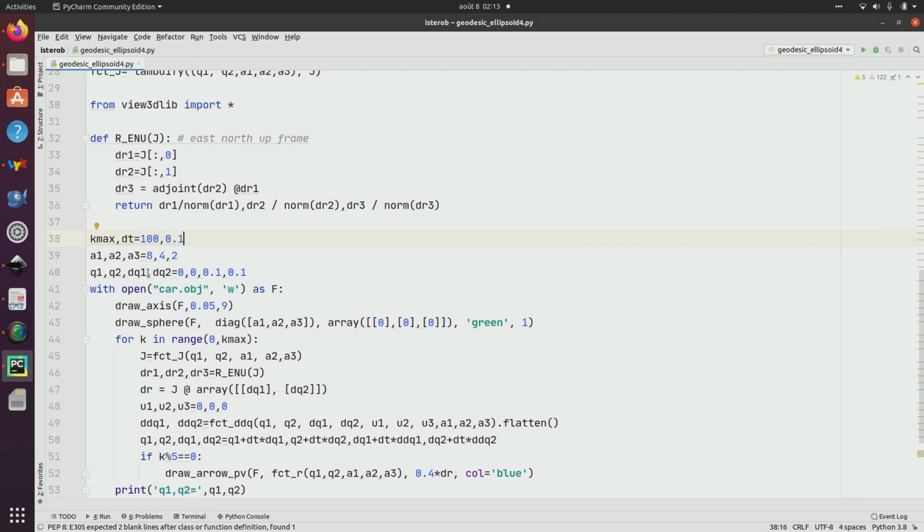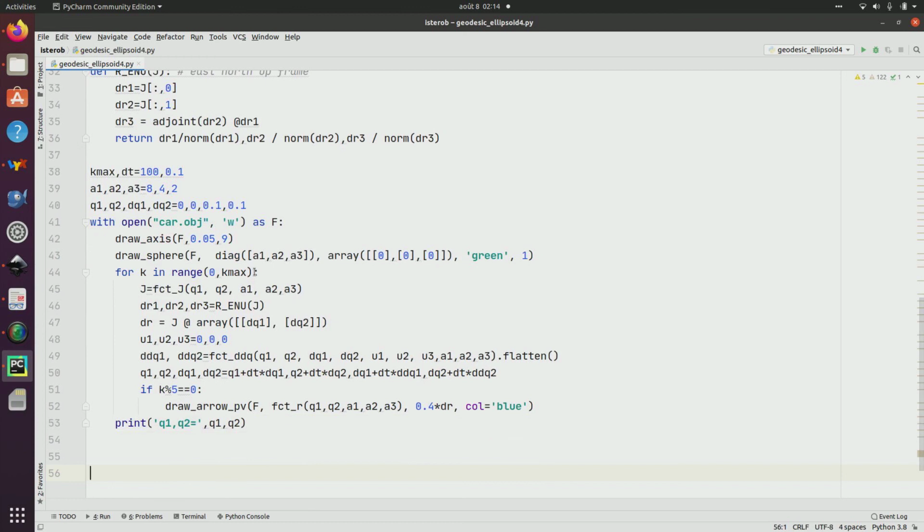But for q1 dot and q2 dot, I don't know them, so I have to propose a guess, and I propose here 0.1, so that I go in the direction I want. Then I will integrate using an Euler formula and the lambdified function up to 10 seconds, and then I will draw the final point. I will plot it. If I have the right one, I have finished. Otherwise, I will try to change the guess.